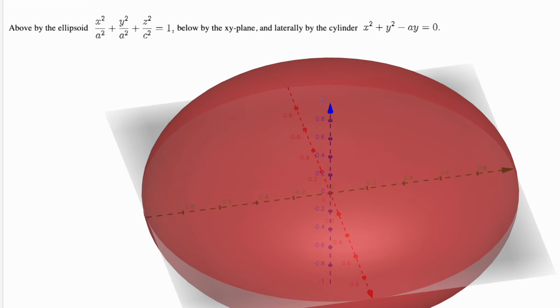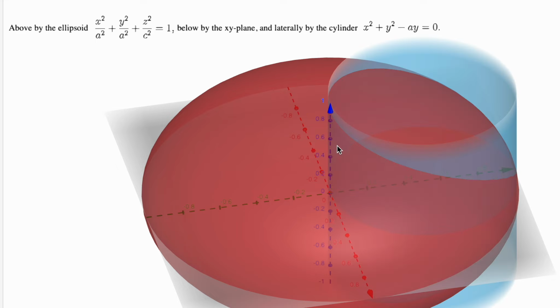Notice that it's symmetric across the x and y axis, meaning that the left side is the same as the right side. We will be bound laterally by this equation here, which is the cylinder that looks like this.